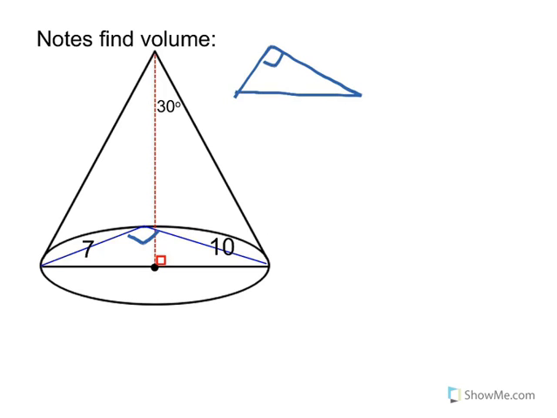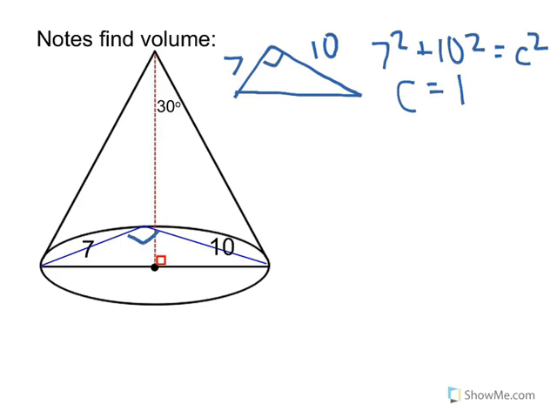It's a right triangle that has 2 sides, 7 and 10. So I can use the Pythagorean theorem to find that third side. I get that third side to be 12.2, which means that the radius is going to be 6.1.